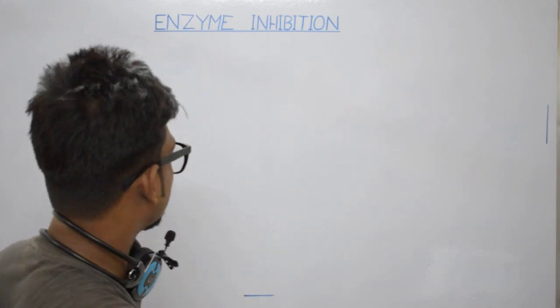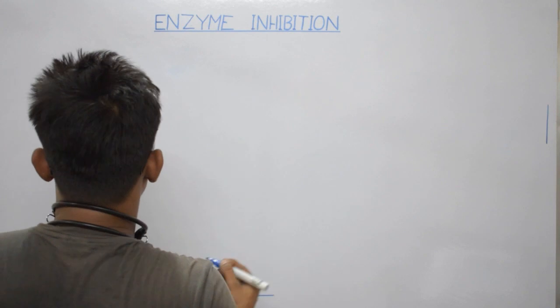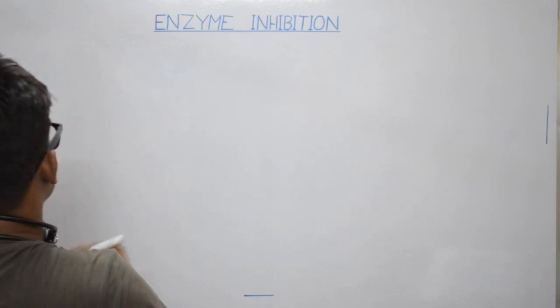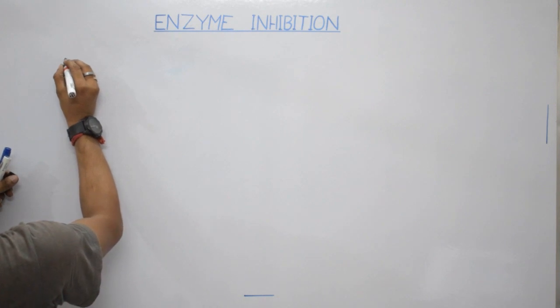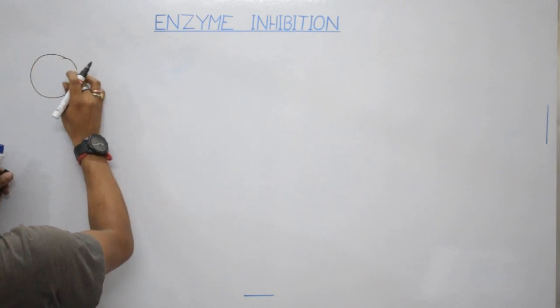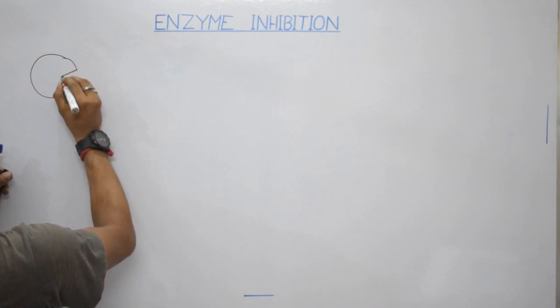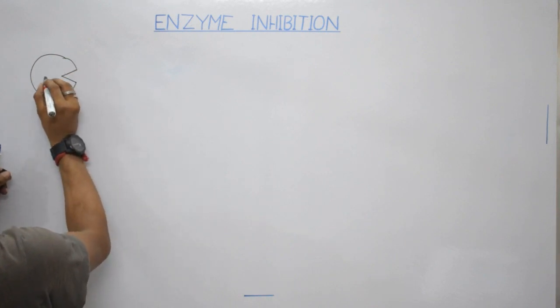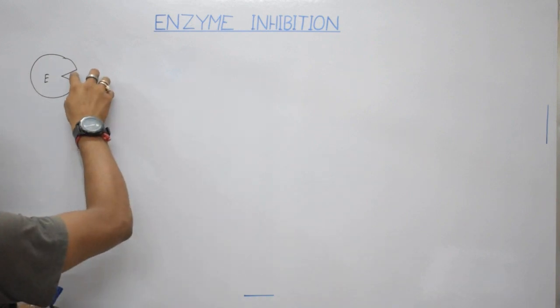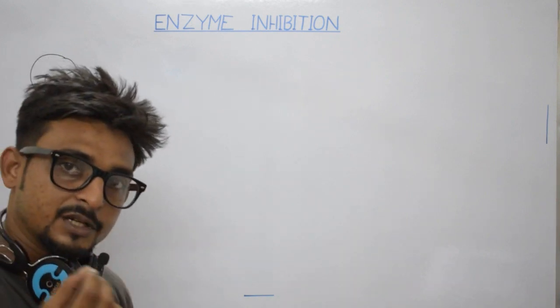So basically, in the conventional process that we all know, if any kind of enzymatic reaction is going on, what will happen? Suppose this is one enzyme and this is the active site of the enzyme, right? At this particular active site the substrate will bind.